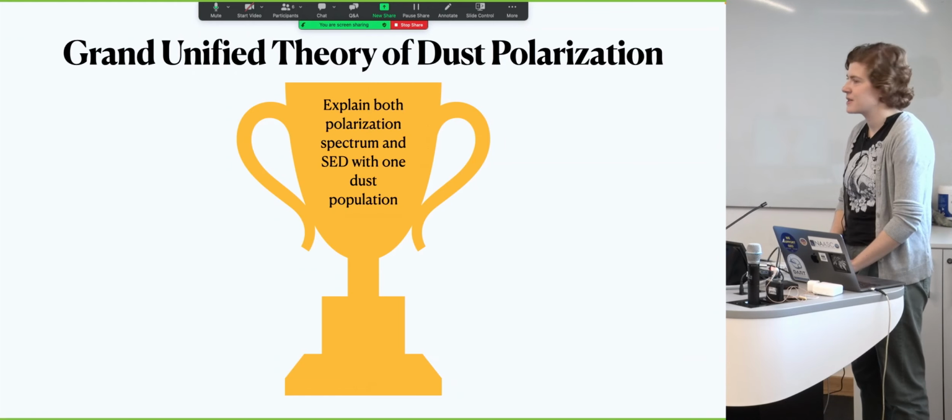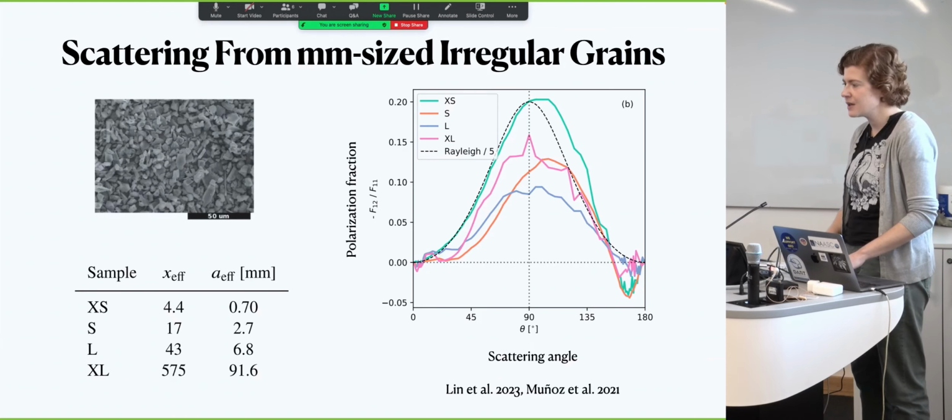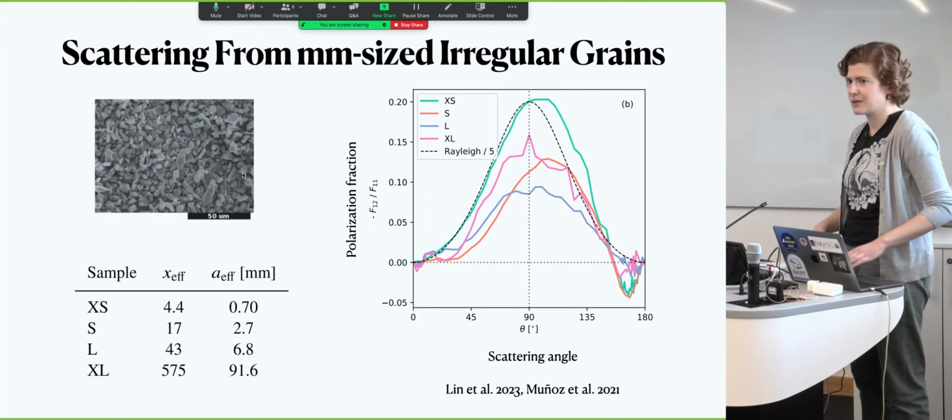So at this point, we're still searching for that grand unified theory of dust polarization that can explain both the polarization spectrum and the spectral energy distribution with one dust population. As I mentioned before, one possible way of resolving this might be by looking at scattering from irregular grains. These are experimental measurements of polarization versus scattering angle that were taken in a lab by looking at some samples of crunched up rocks.